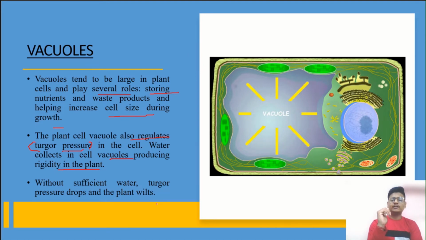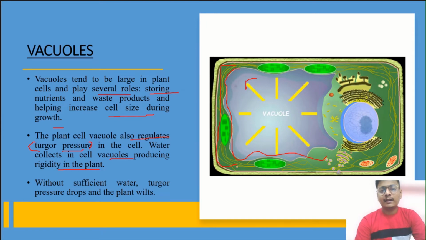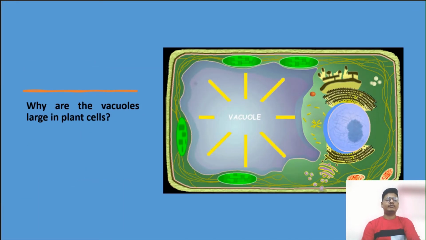If the water is filled in the vacuole, the plant will be straight in shape. The pressure created by this vacuole makes turgor pressure on different organelles and the cell wall also, so it keeps it stiff and gives it shape.